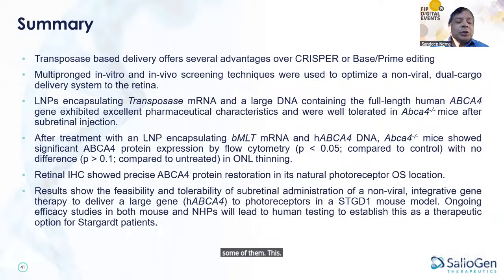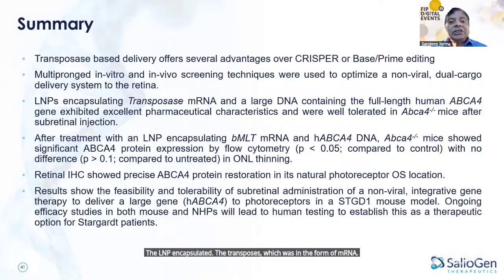What we were able to show today was that we had an in vitro and in vivo screening technology which was used to optimize the LNP system. The LNP encapsulated the transposase, which was in the form of an mRNA, and a large DNA coding for the full-length human ABCA4 gene.